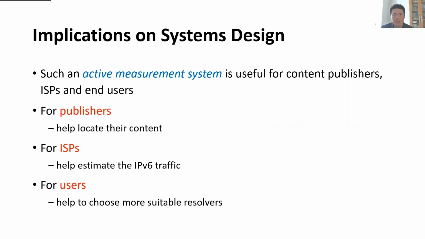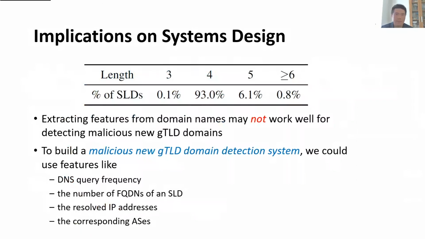In addition, ISPs could also benefit when considering IPv6 network expansion, because understanding which domains support quality queries is useful for estimating the IPv6 traffic. For users, the measurement of different resolvers can help them to choose more suitable resolvers considering both IPv6 support and localization performance.